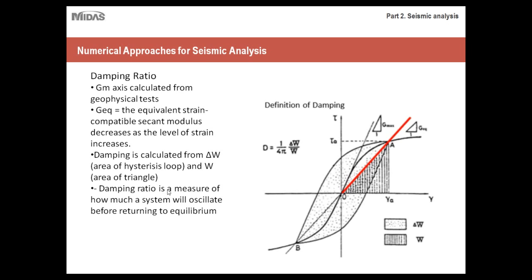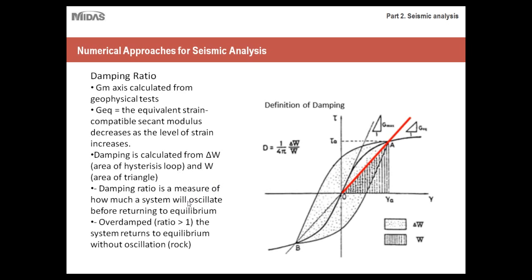Damping ratio is a measure of how much a system will oscillate before returning to equilibrium. Just imagine a piece of soil that's being seismically loaded, that's experiencing an earthquake. Depending on how stiff or rigid that soil is, after the earthquake is done, it'll shake a little bit, and then it'll return to its steady state or its normal state.